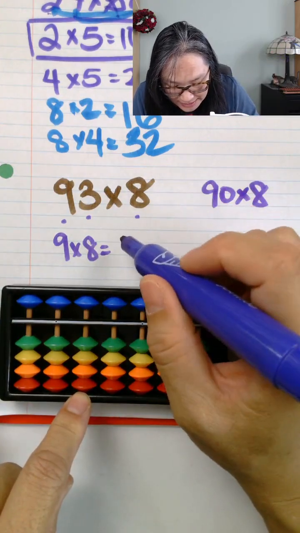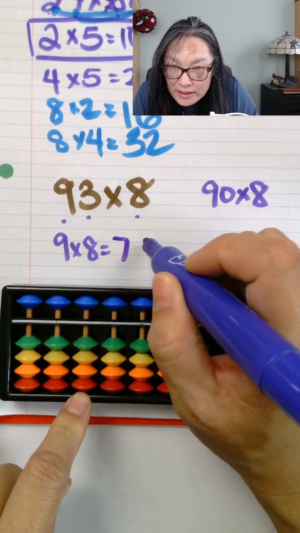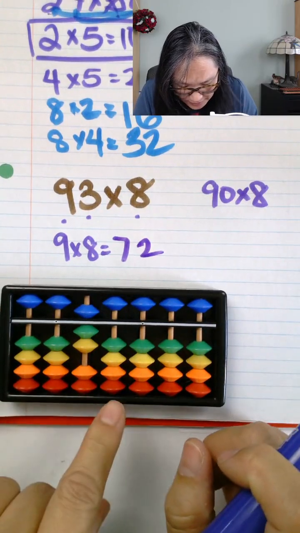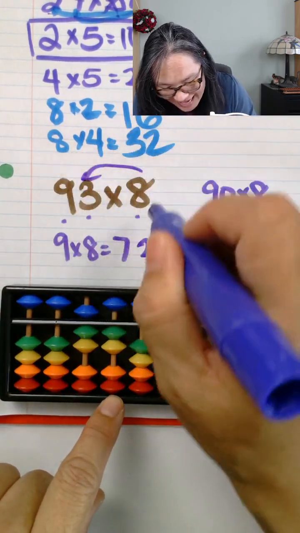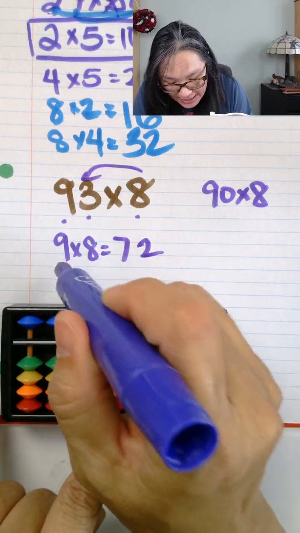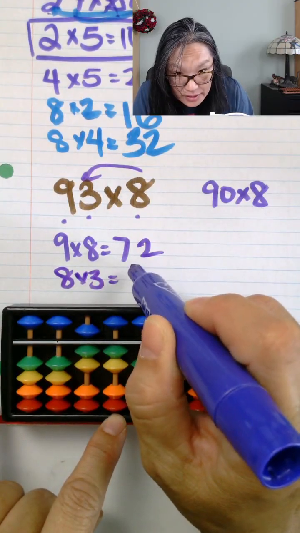So what is 9 times 8? 9 times 8 is 72, right? So I add my 70, and then I add my 2. Now I do 8 times 3. 8 times 3 is 24.